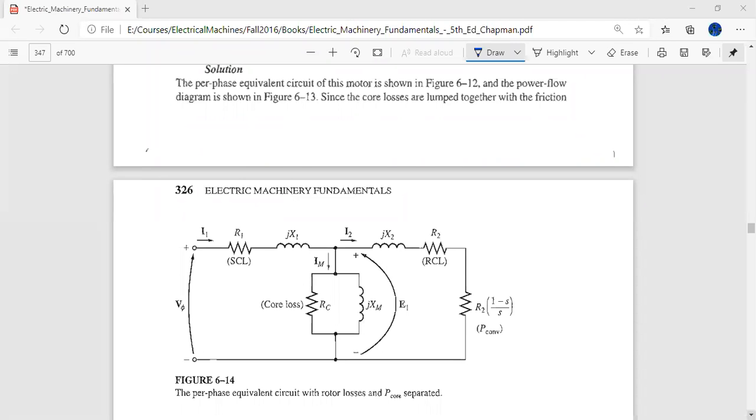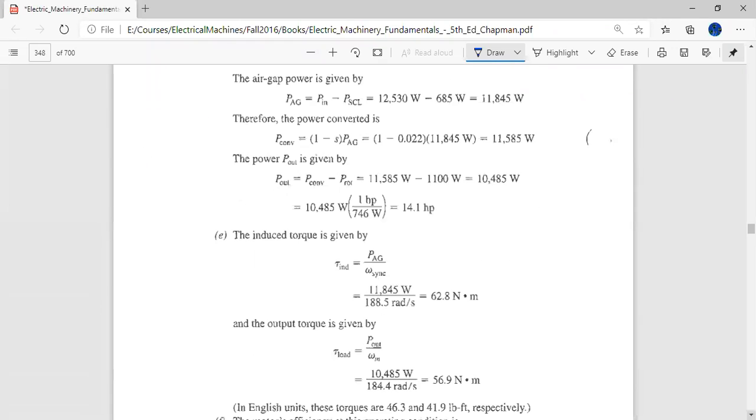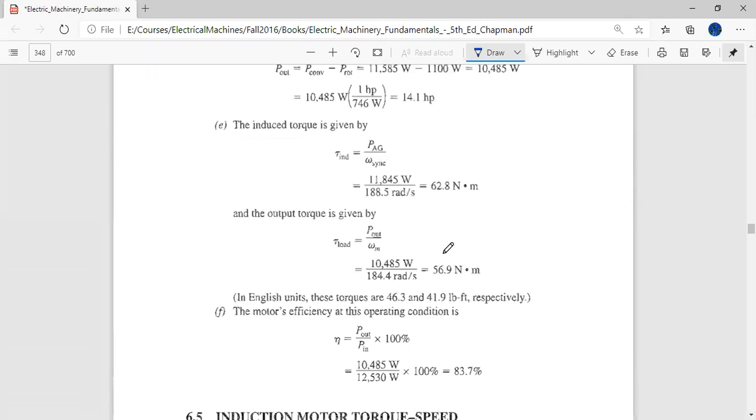And in order to find the output power and the load torque and the induced torque, you have to use the formula for induced torque. It is equal to air gap power divided by synchronous speed. And you have to be very careful that in this formula you have to use SI units.